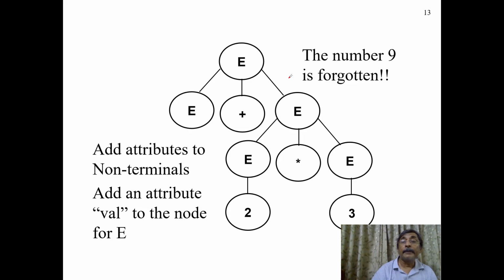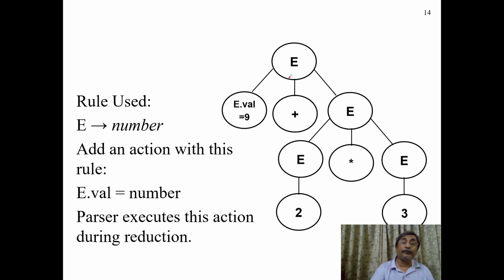Now, I have to remember here that E dot val is 9. Why? Because I remember the value that was obtained in the parse tree below this particular non-terminal. The value generated here should be remembered here. So whenever I use this rule, E produces number, I should have one more action with this rule.